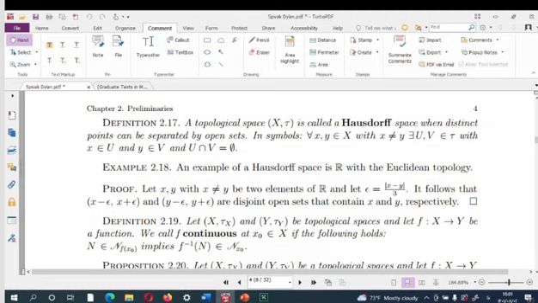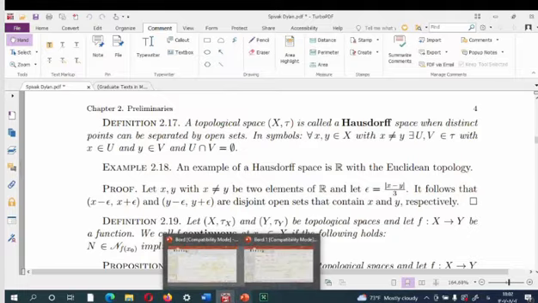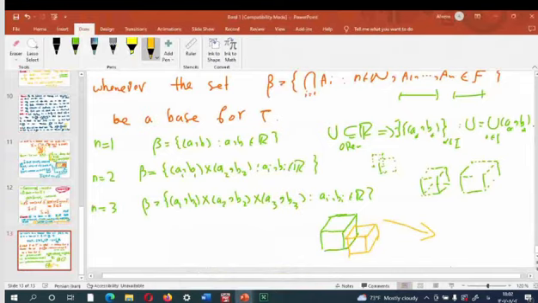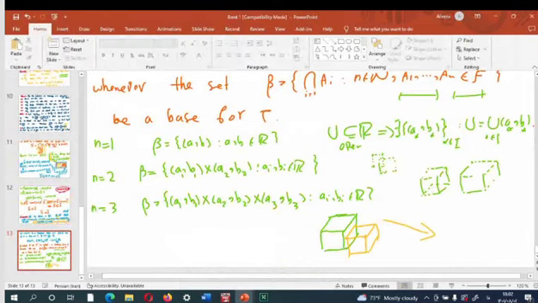Hausdorff spaces are very, very important topological spaces.